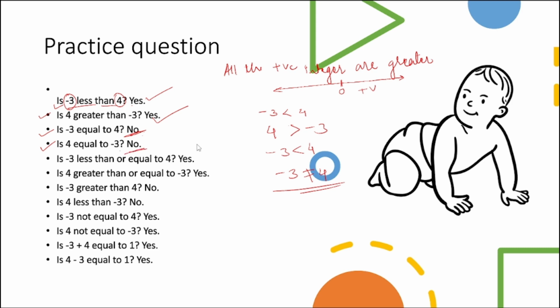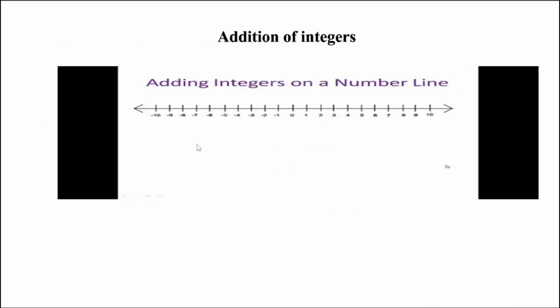No. Why? Because if you see the number line, 4 is on the right side and minus 3 is on the left side, so minus 3 is not equal to 4.